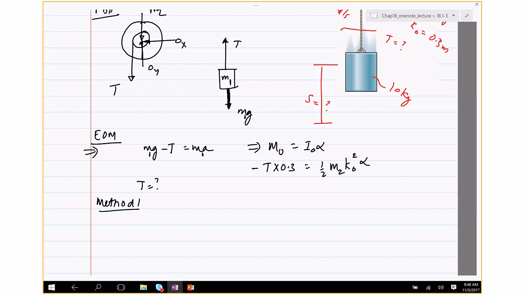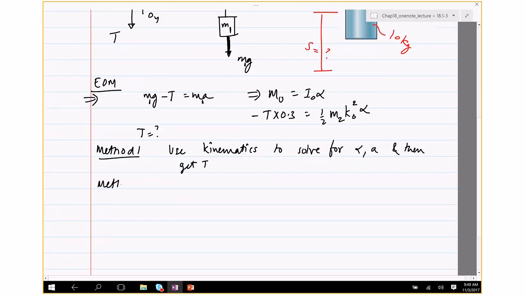So method one is to use kinematics to solve for alpha and a, and then get T. The other method, which is the one I'm going to use, is the principle of work and energy.